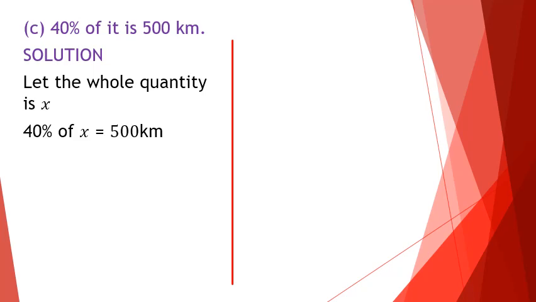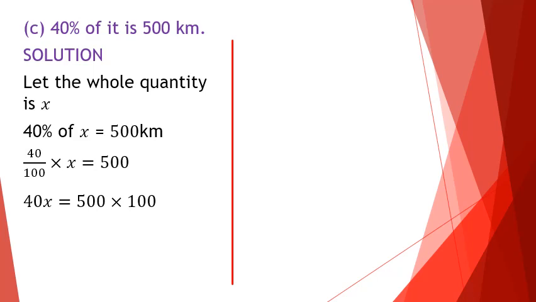So we can convert it into mathematical form. So 40 upon 100, of becomes multiplication, into x equals 500. Now you can solve for x from the above equation. That is 40x equals 500 multiplied by 100.